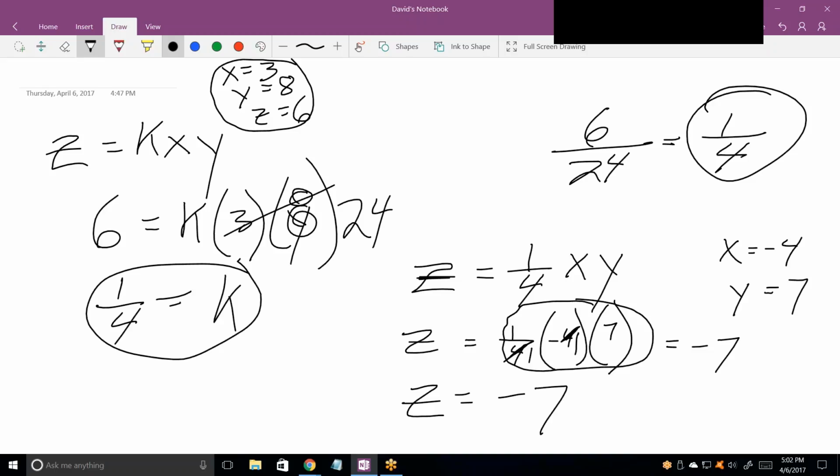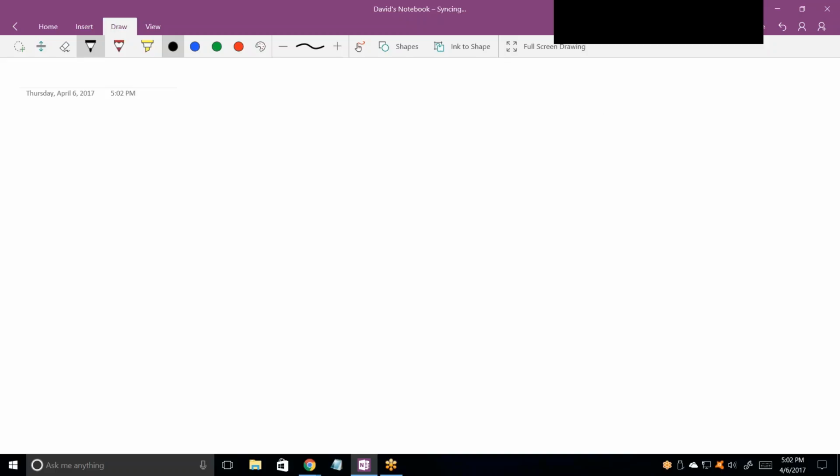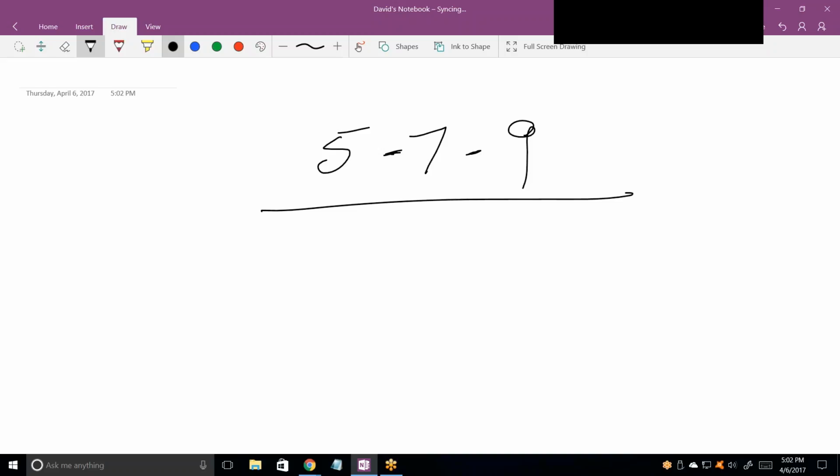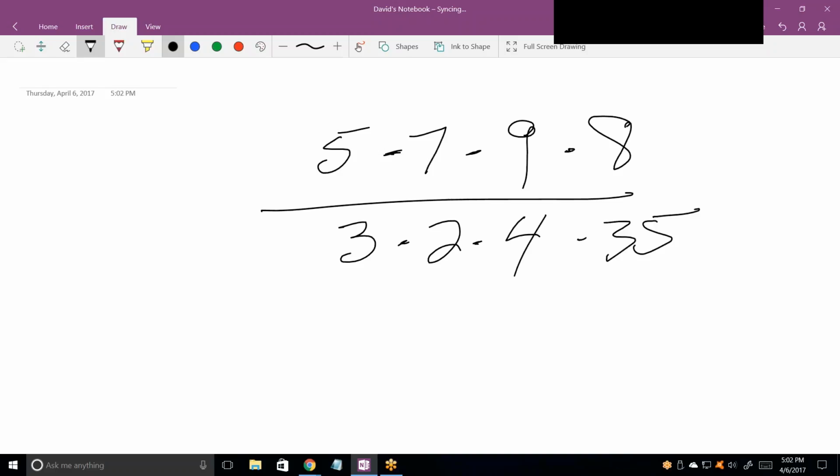But let's talk more about this principle. If I have 5 times 7 times 9, and I divide it by 3 times 2 times 4 times 35, I'm never multiplying that numerator and the denominator and dividing the big number by the other big number.